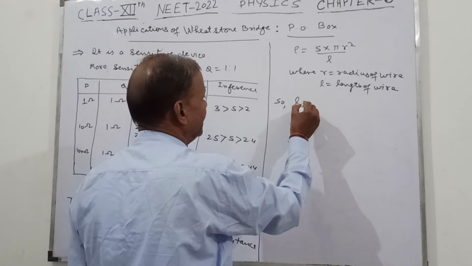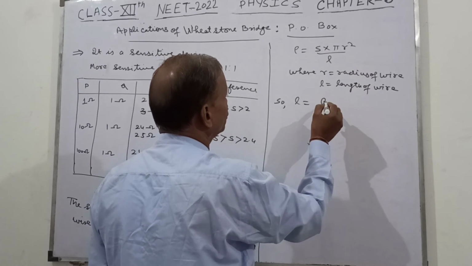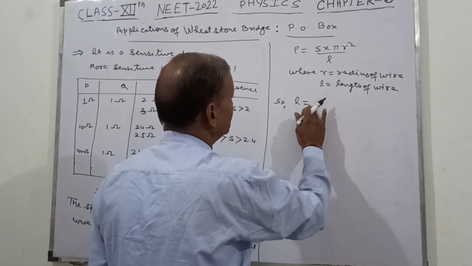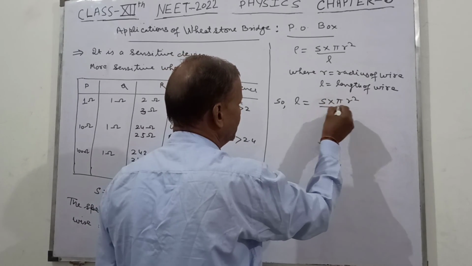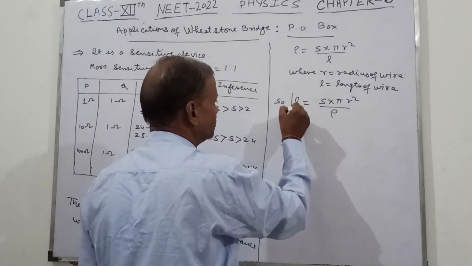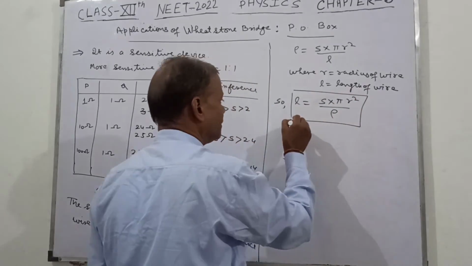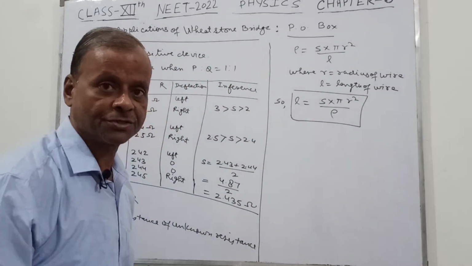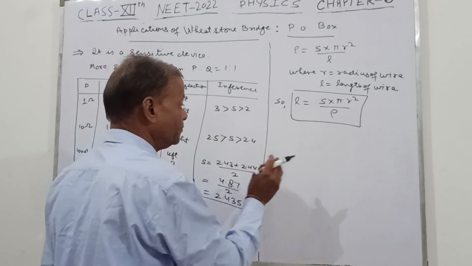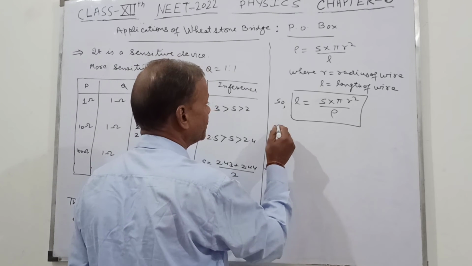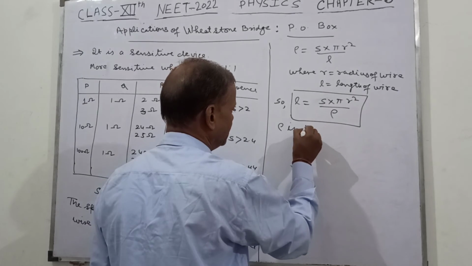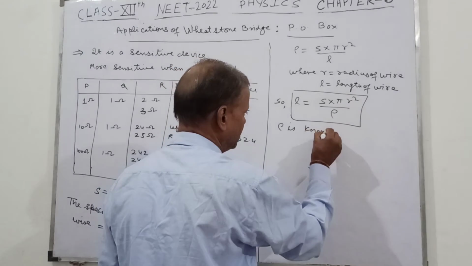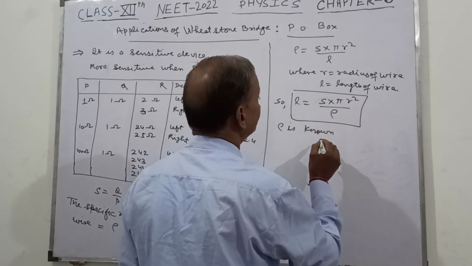So L equal to S into pi r square upon rho. Rho is known to us.